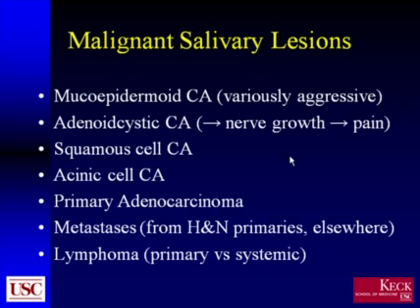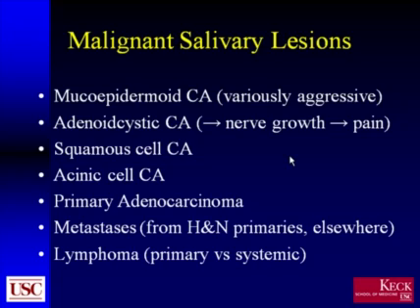Adenoid cystic carcinoma will present oftentimes with pain because it has a nasty habit of growing along the nerves and can actually invade the nerves along the base of the skull. And squamous cell carcinomas may be either metastatic from other head and neck lesions or may actually be primary salivary lesions. Others are relatively uncommon, including acinic cell, primary adenocarcinoma.